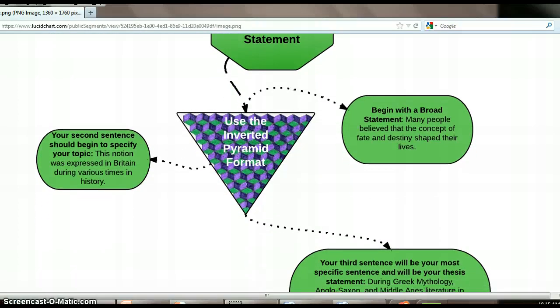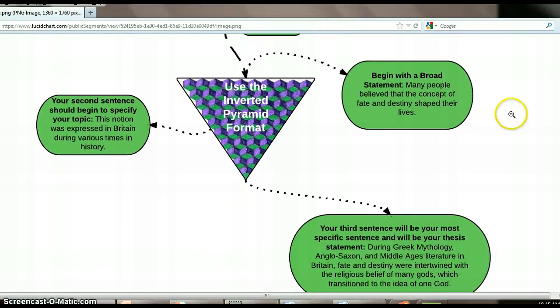So, the introductory paragraph, we're using the inverted pyramid format. You'll begin with a broad statement. This is an example: Many people believe that the concept of fate and destiny have shaped their lives. Then you'll start to hone in on your topic. So this notion was expressed in Britain during various times in history.